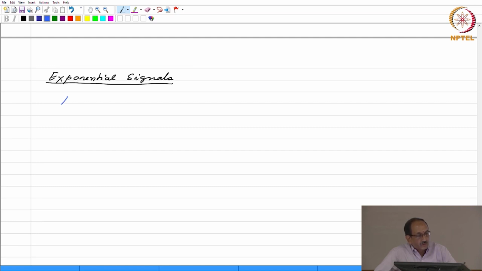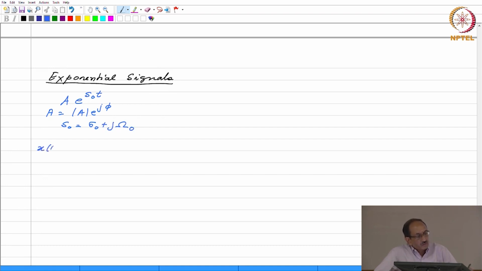So what you are used to in terms of continuous time exponential is A times e to the s naught t. A is really a complex number, magnitude A times e to the j phi, and s naught is really another complex number which is sigma naught plus j capital omega naught.